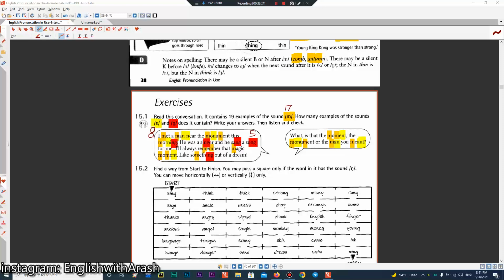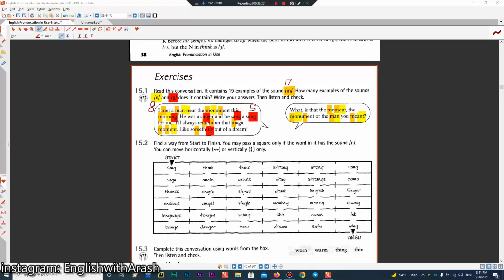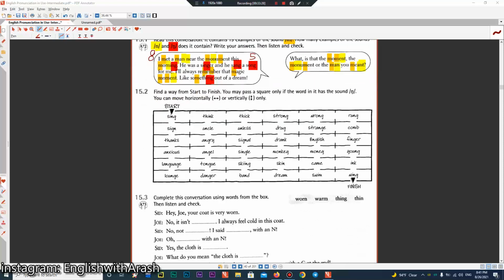The next part, we should go ahead and find all the words that have the ng sound. Which sound? I mean this sound. All of the words that have this sound, we want to find them and go from start to end.